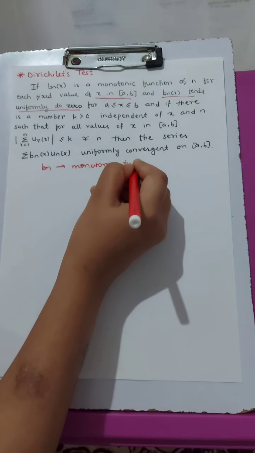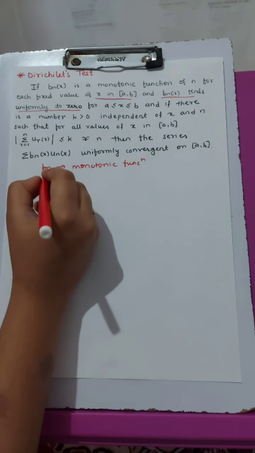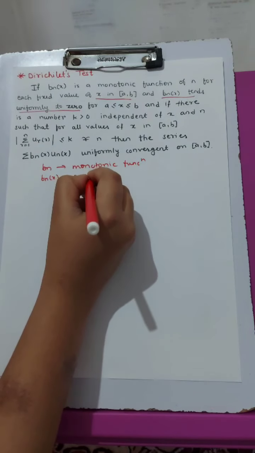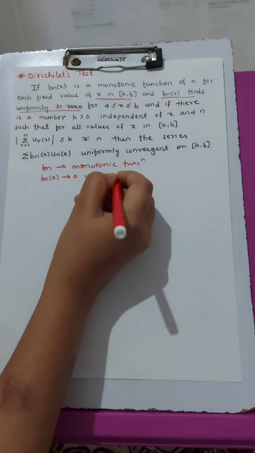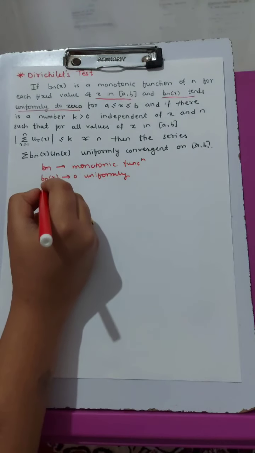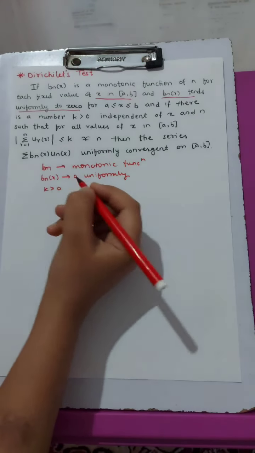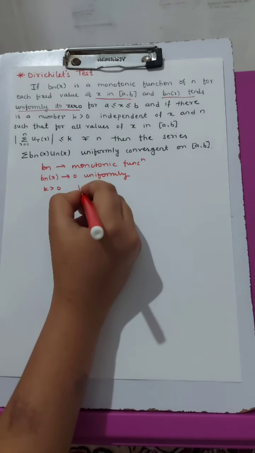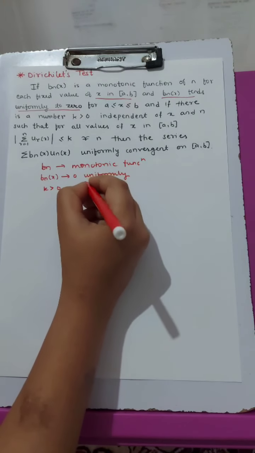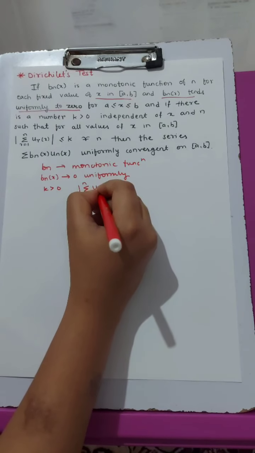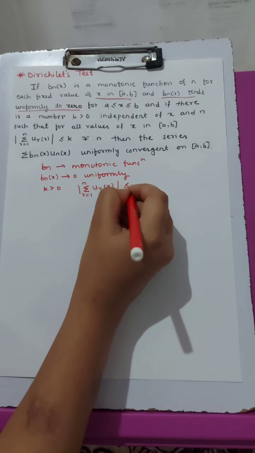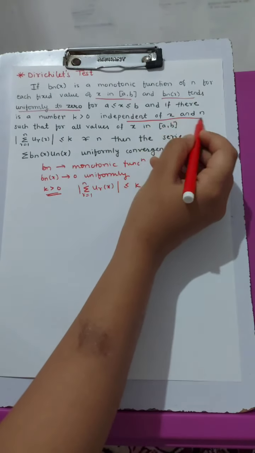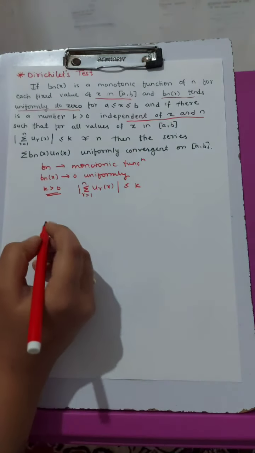Bn is a monotonic function. Then bn of x tends to 0 uniformly, and there exists k greater than 0 for which the modulus of summation r from 1 to n ur of x is less than k, and this k greater than 0 is independent of x and n in the interval ab.